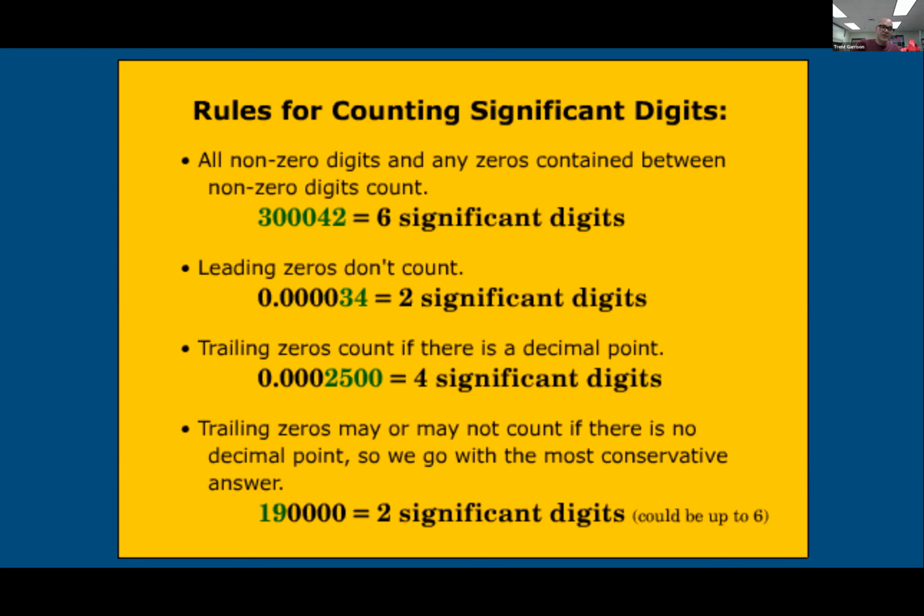So you've got a couple of simple rules. Real numbers, always significant. Zeros in the middle, always significant. Zeros at the front, never significant. Zeros at the end are only significant if there is a decimal somewhere in the value. If you have no decimal, it is assumed that the zeros at the end are estimated.